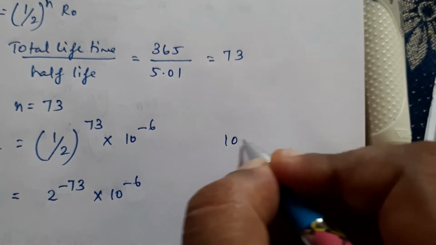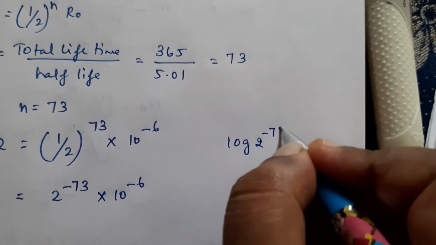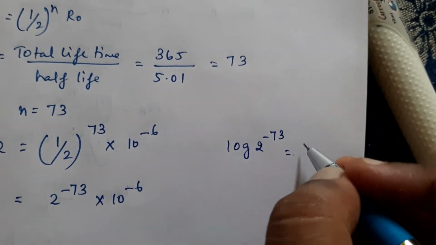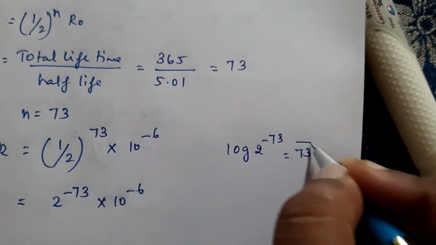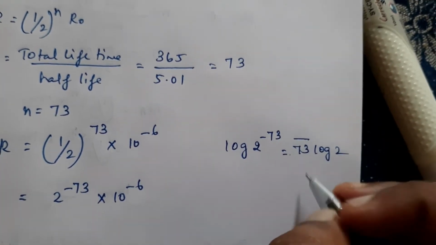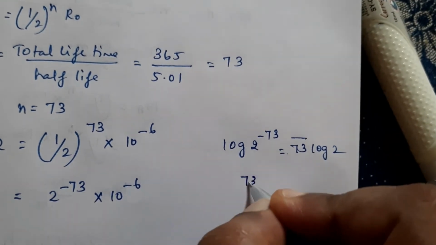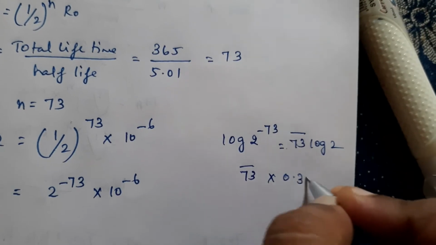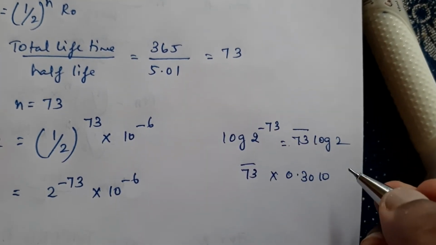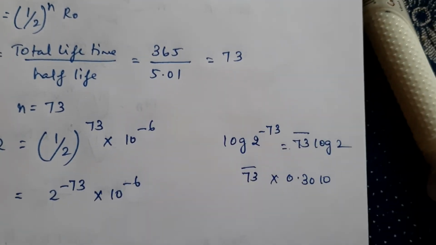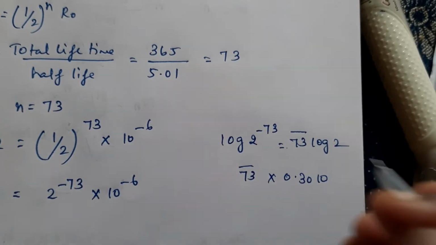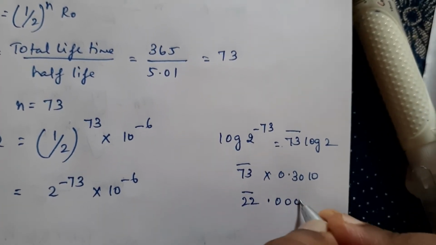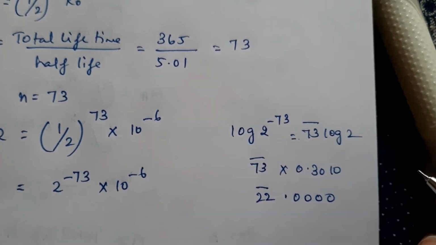Log of 2 raised to minus 73 is equal to minus 73 into log 2, that is minus 73 into 0.3010. If you take this value, you will get minus 21.97, that is 22 bar 0.000, for which you take the anti-log.